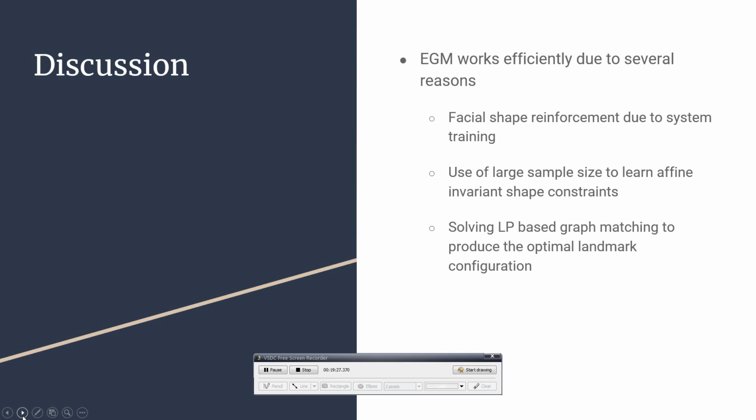So just to reiterate everything that we've said, the exemplar graph matching uses a training method. It can pull from online, it can pull from different sources to train your system to have a better result. And once your system is trained, you can use that to perform the algorithms.